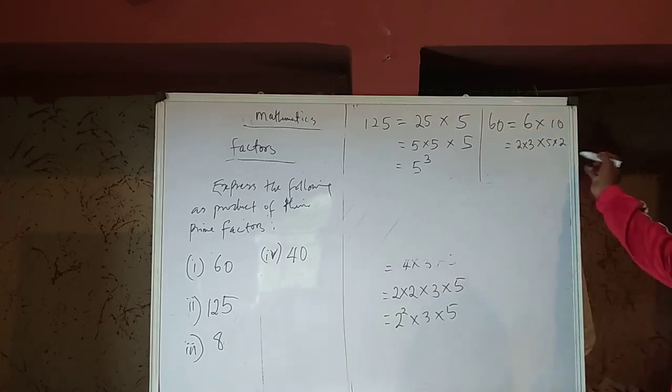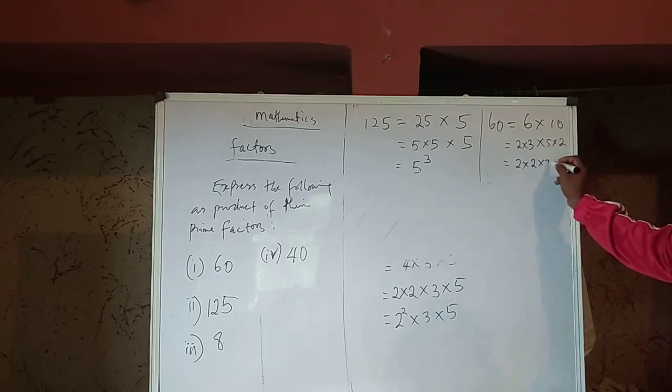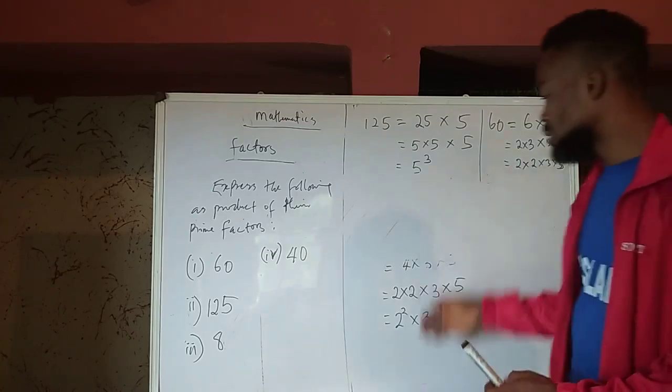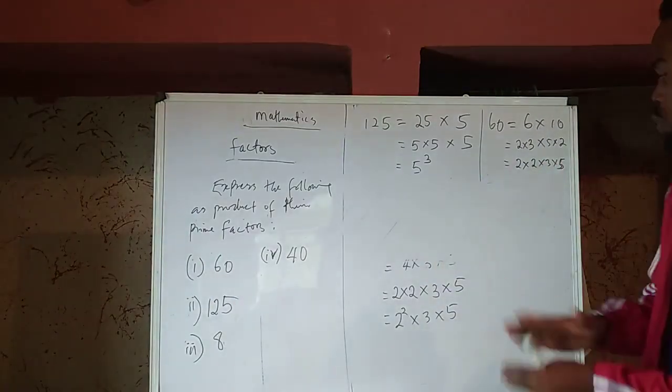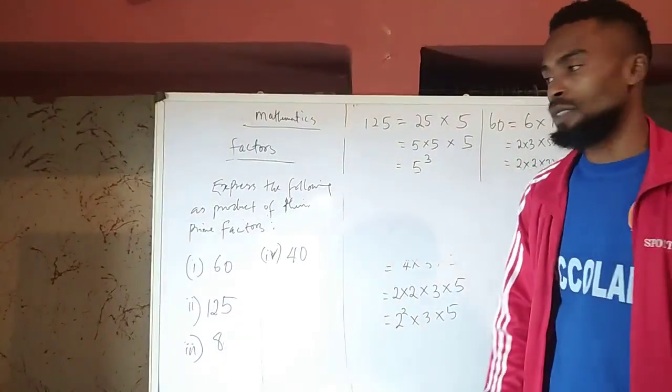Okay, so if you rearrange this, you are going to have 2 times 2 times 3 times 5. Okay, so it brings us back to the same thing. I'm just showing you that whatever two numbers you choose, you can break them down to prime numbers.